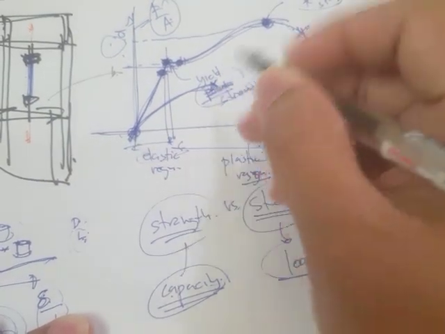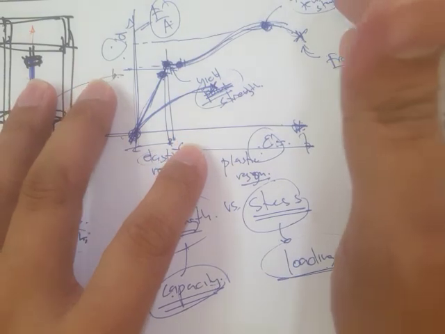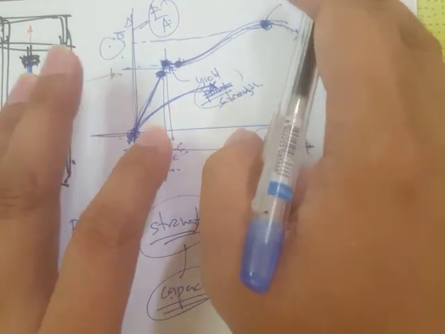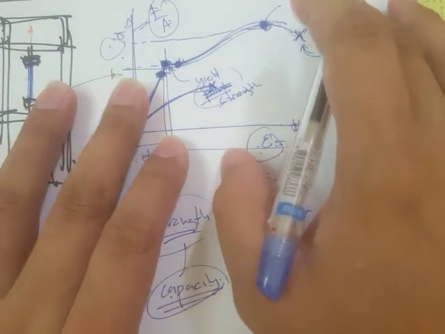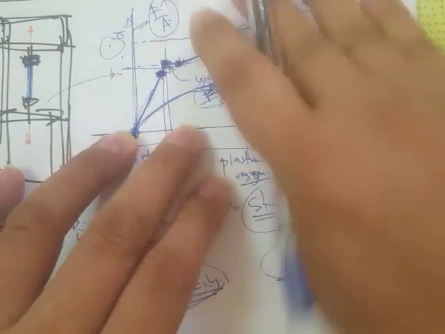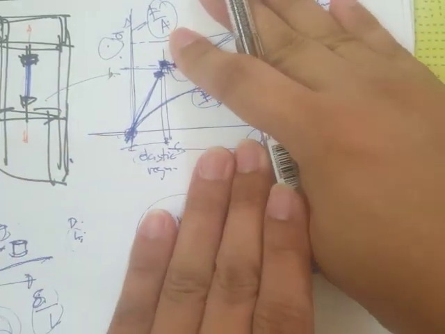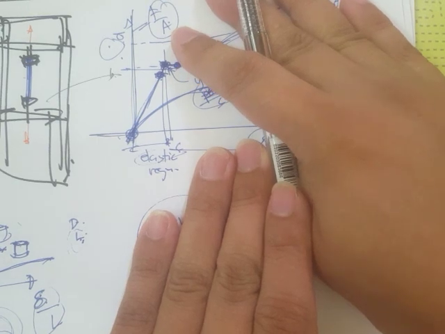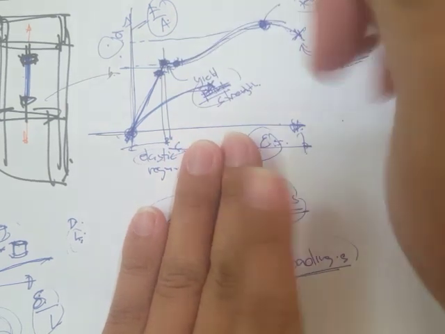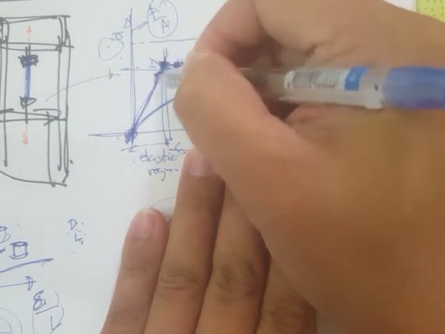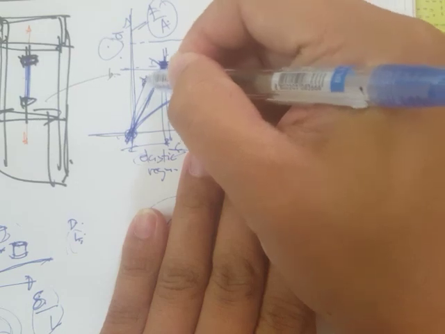And for aluminum, steel, and many other materials, they will have different types of curves, and sometimes some materials don't have these plastic regions, like the brittle materials. They don't have that much plastic region, they just fracture right here. Something like this, they fracture right here.